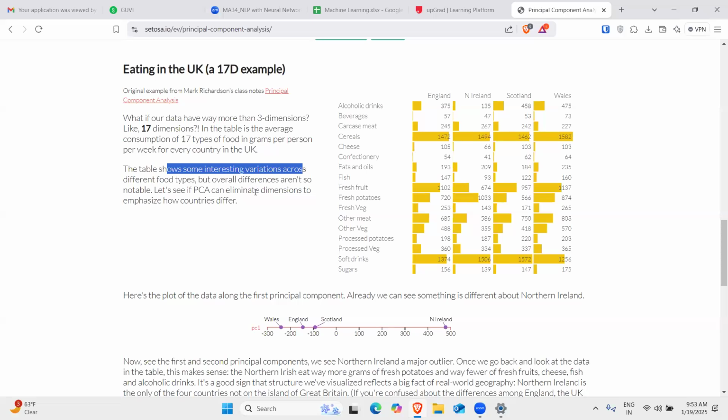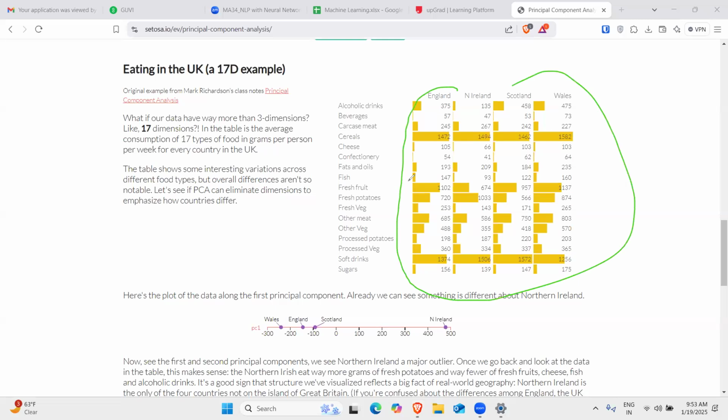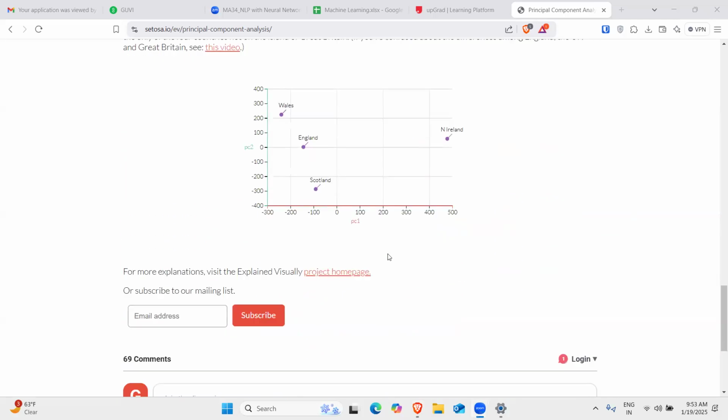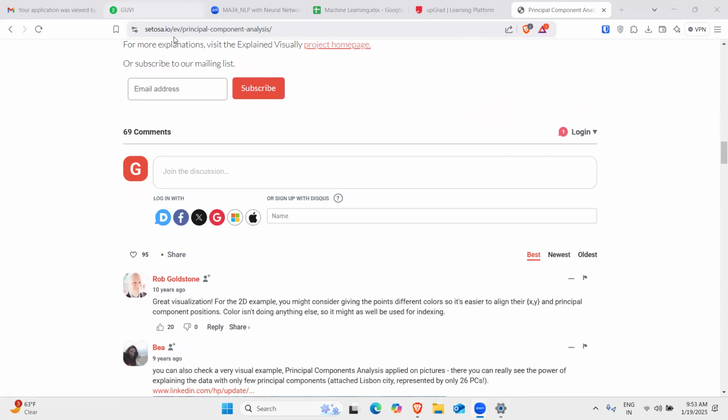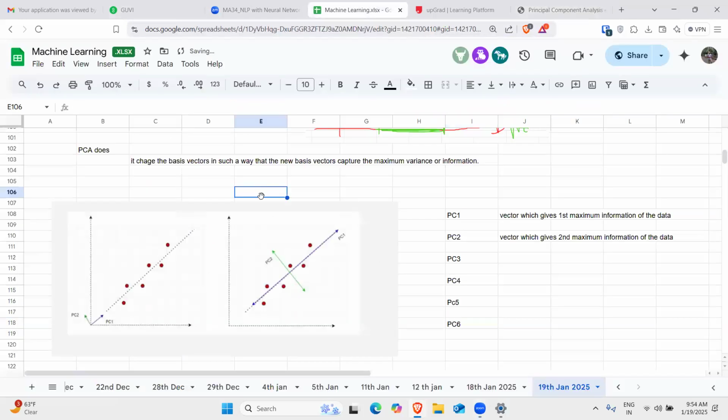This table shows some interesting variations across different food types, but overall differences aren't so notable, right? Can you visualize from this which is least important? So we use PCA for that. You can have a look at this; I'll share this visualization here.